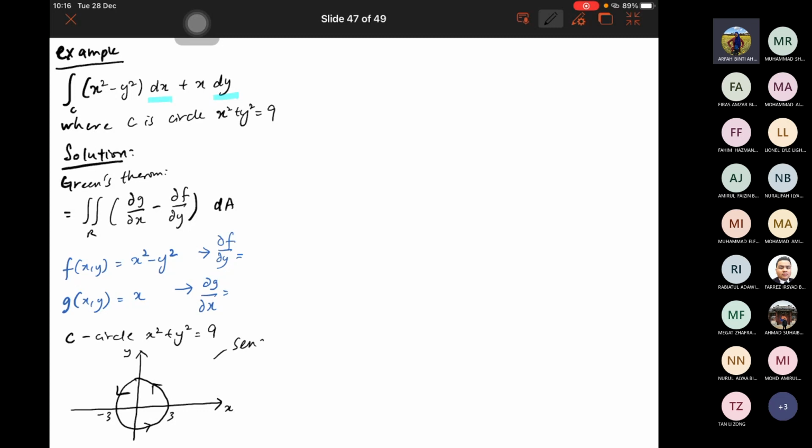Circle, so senang guna cylindrical coordinate. Cuba buat bagi saya apa jawapan akhir. So I'm waiting for your final answer.